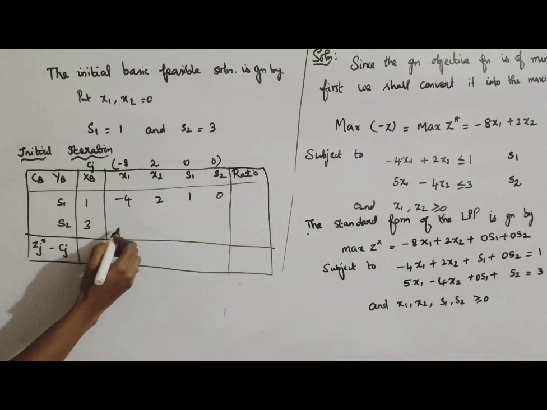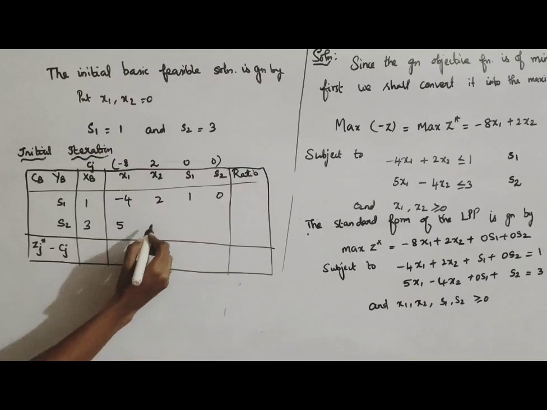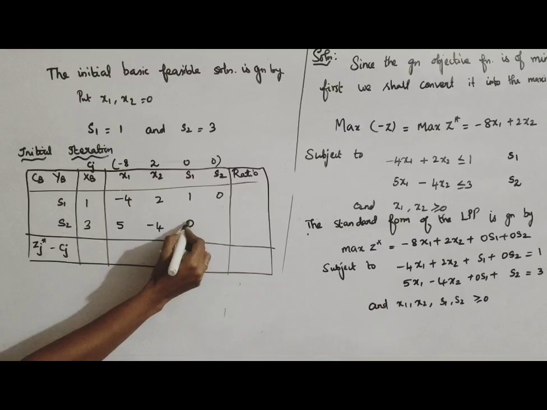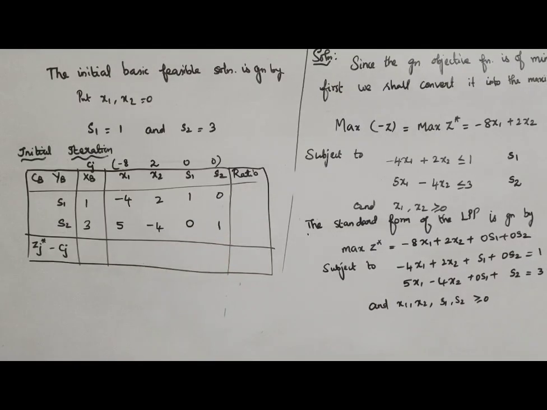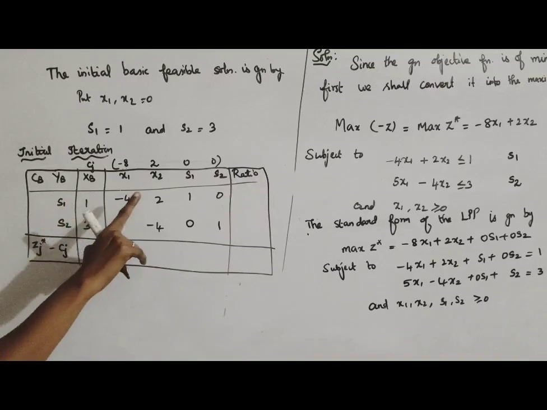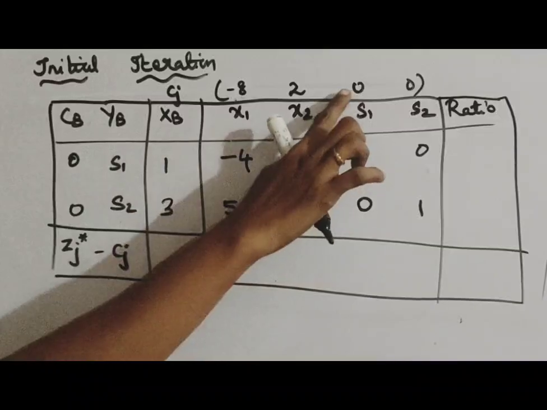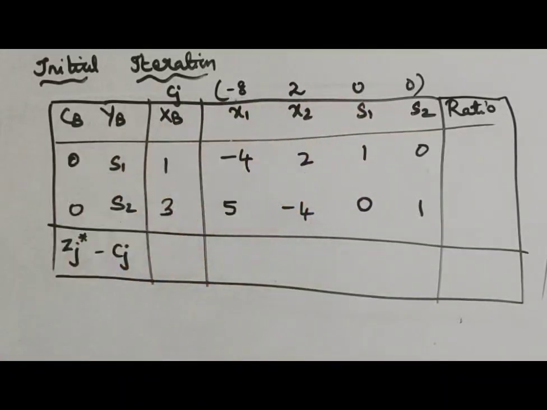For the second constraint, the coefficient of x1 is 5, x2 is -4, s1 is 0 and s2 is 1. And the costs for the variables s1 and s2 are 0 and 0, from the objective function.